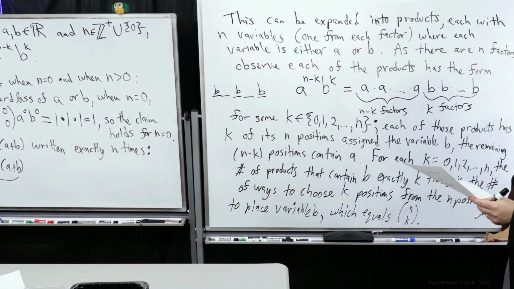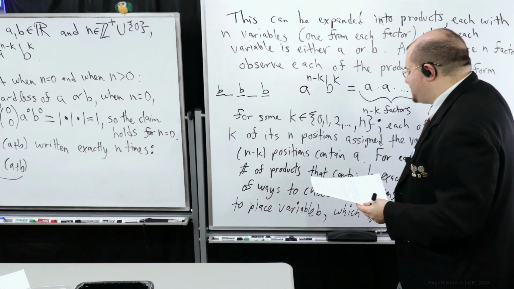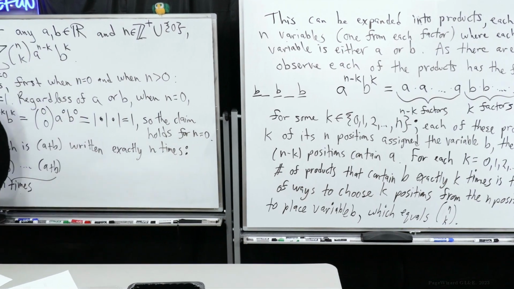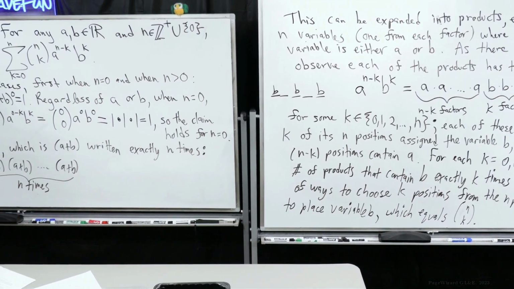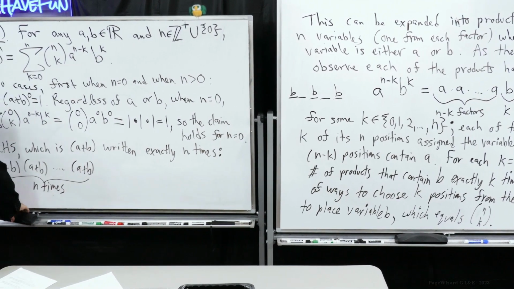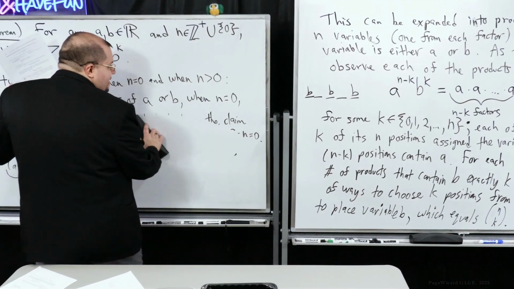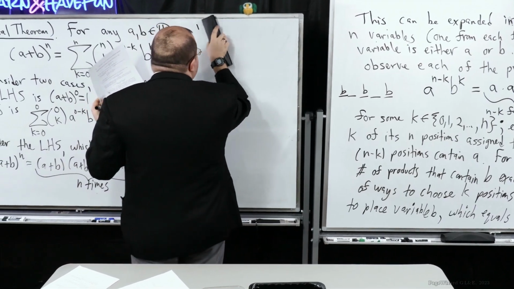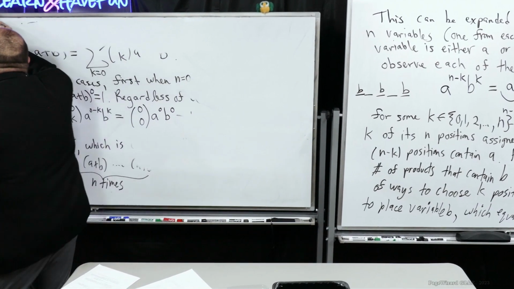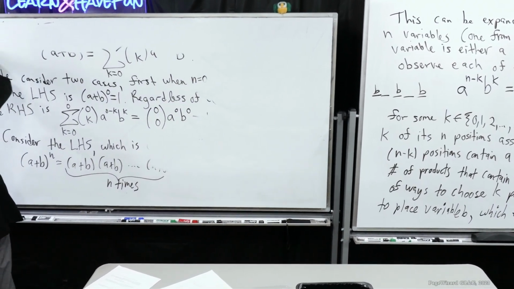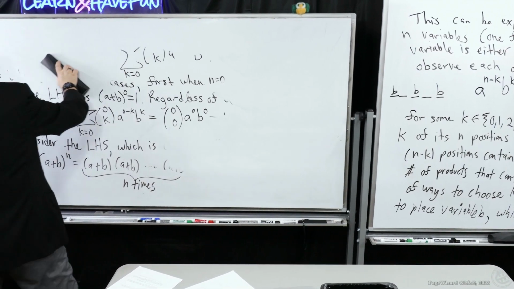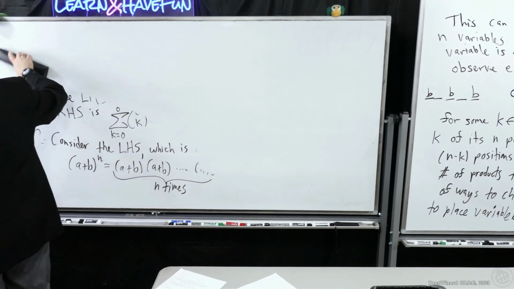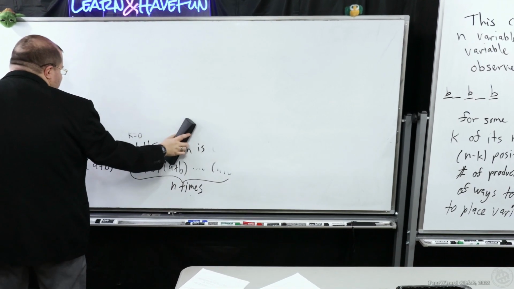Now, very last step. Now we know how many for a particular value of k. So now we just have to consider all of them over k. To consider all the products, we have to sum over all values of k. That's what a plus b to the power of n is, right?